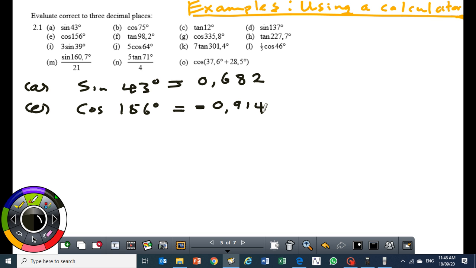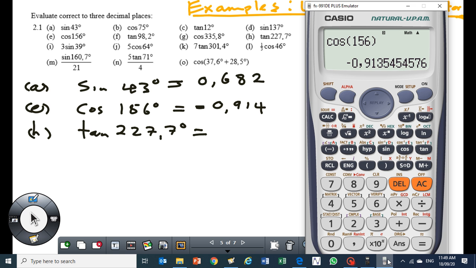Then let's move on. Let's do a tan one like H. Then we'll do one of these fractional. So you've got tan 227,7 degrees. Now that one, you do the same.